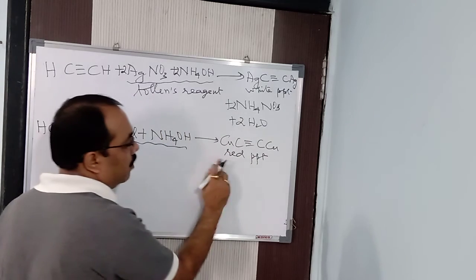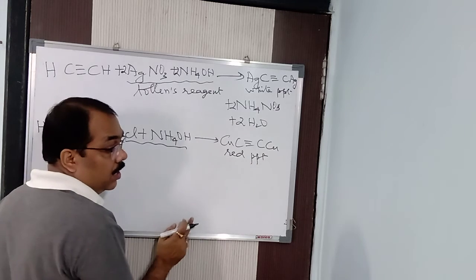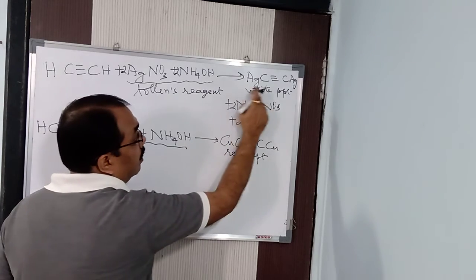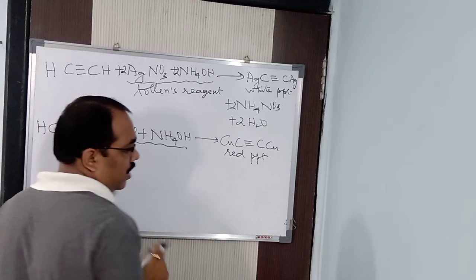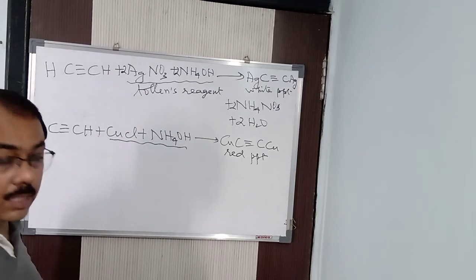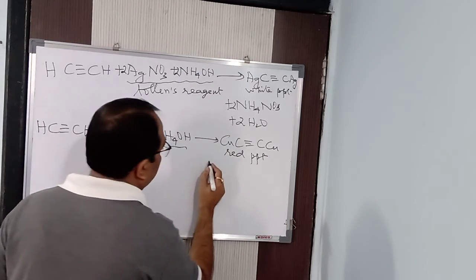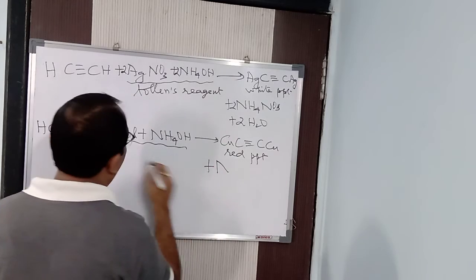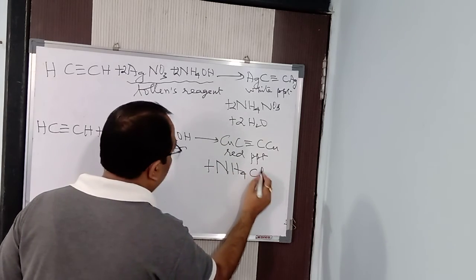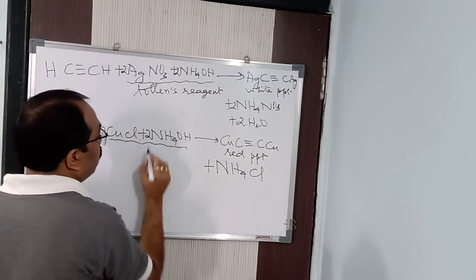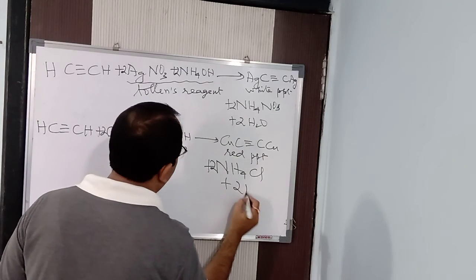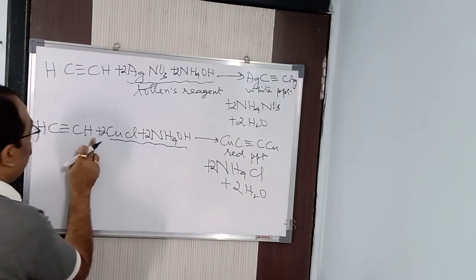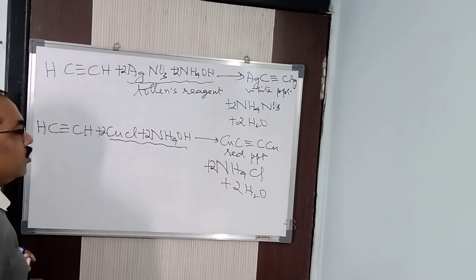The name of this compound is copper acetylide. This is silver acetylide. Plus here you will be getting NH4Cl. Now 2 Cu, here also 2. So 2 NH4Cl plus 2 molecules of water. This 2 hydrogen reacts with this 2 OH group to form 2 molecules of water.